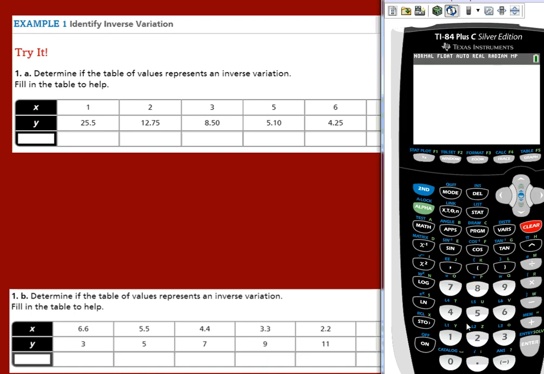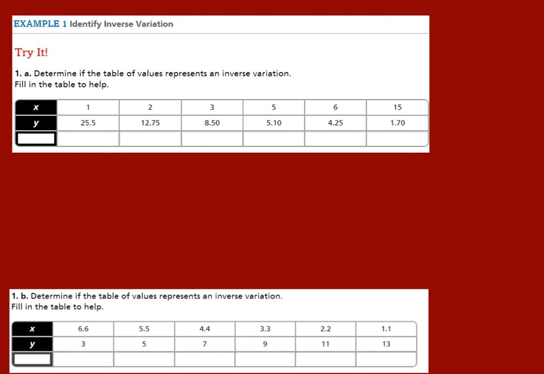So when we get our calculators, and obviously the first one here, 1 times 25.5, let me redo those. My pen jumped around. That's going to give me 25.5, clearly, because 1 times 25.5 is 25.5. So all these other boxes need to be 25.5, or I do not have an inverse variation.